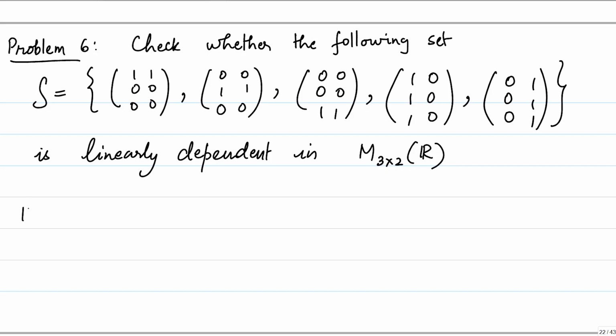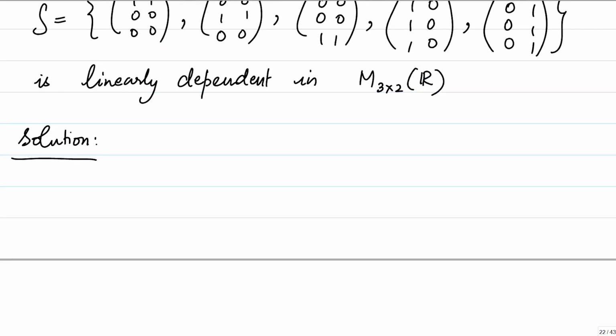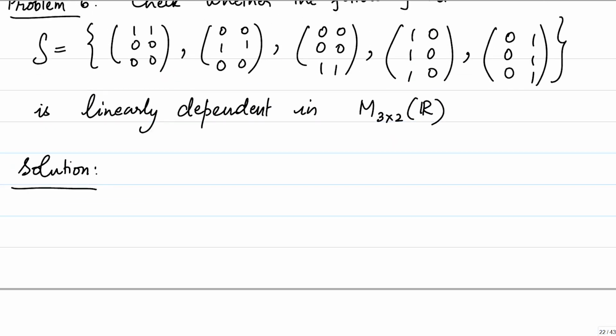Okay, so solution. What do we need to do to check whether a given set is linearly independent or not? We should check whether there exists a linear combination of it which is equal to 0. So suppose there is a linear combination.